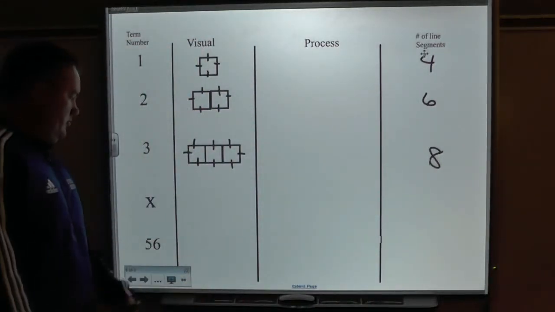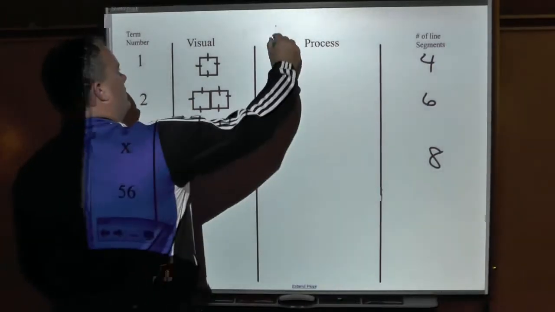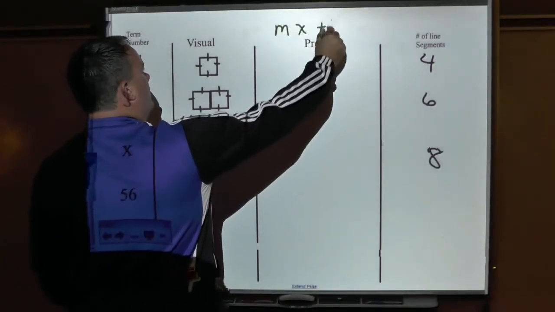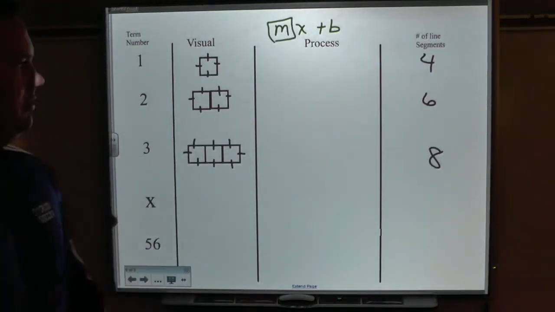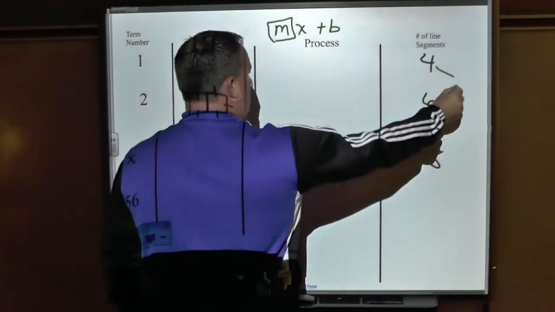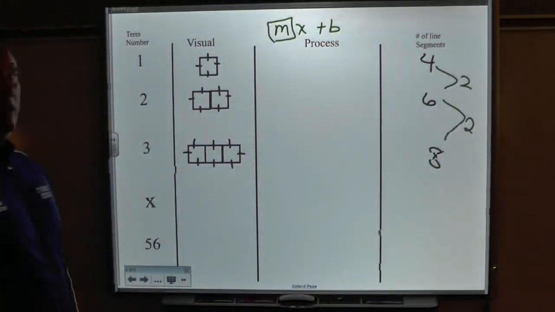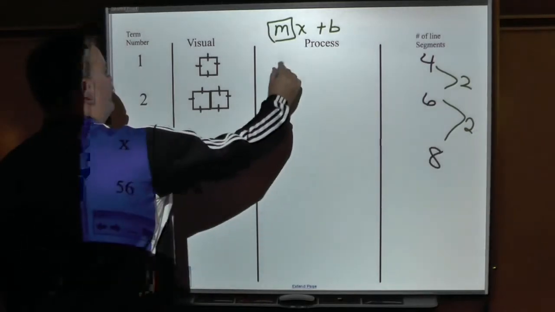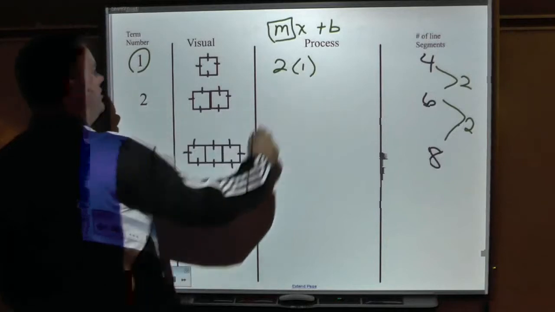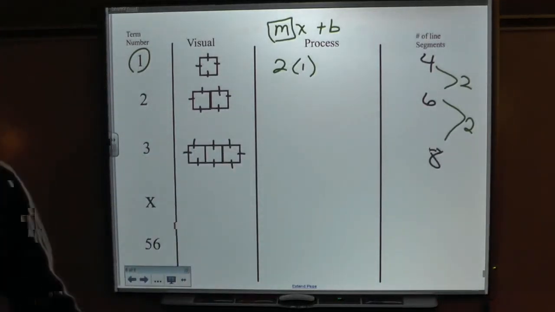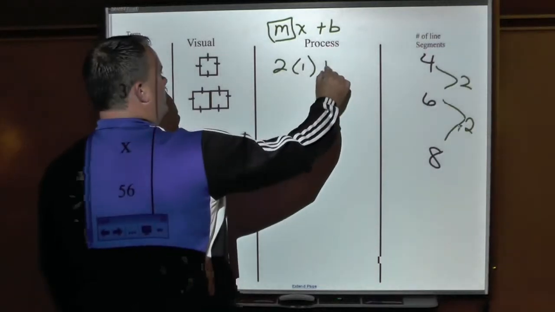Now, from here, you can figure out your pattern. The first thing is, figure out the rate of change. So every time you go through this, how do you get from 4 to 6? 6 to 8. Your change right now is going by 2. Times the domain. Well, what's 2 times 1? It's 2. So what do you have to add on to get to 4?